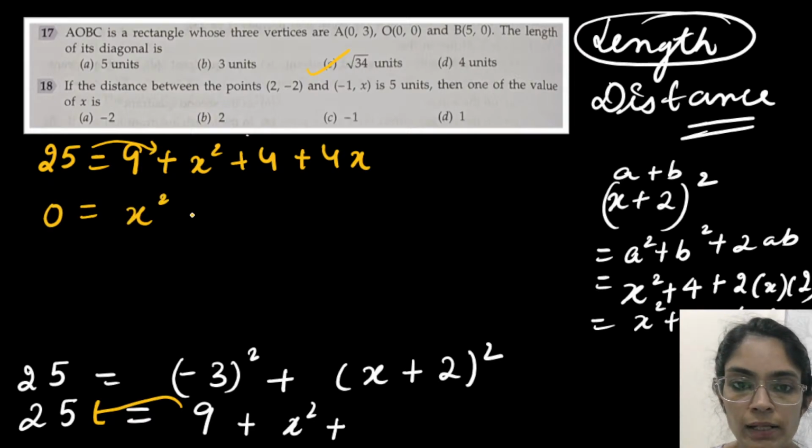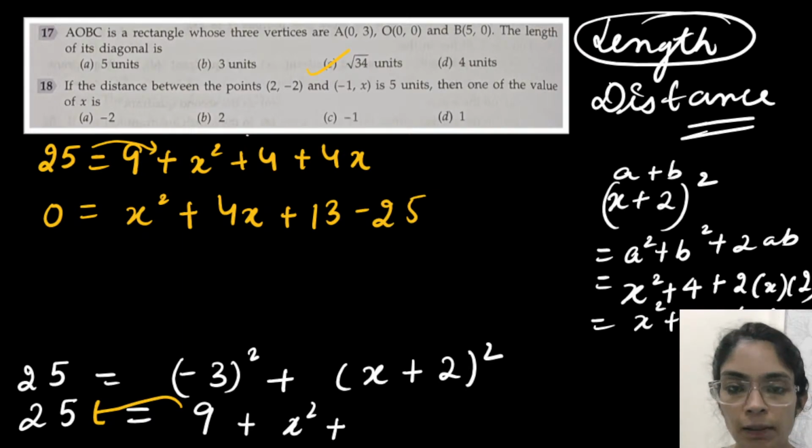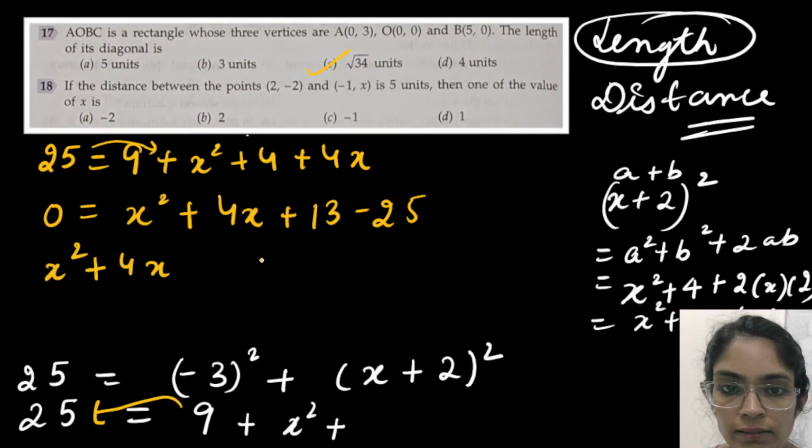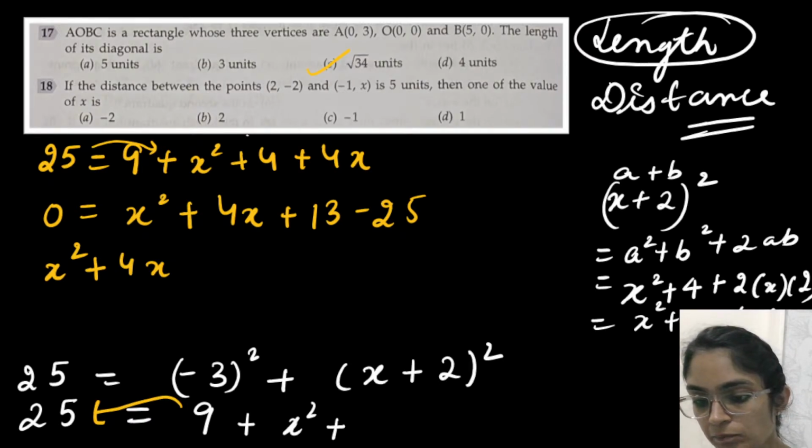So x square plus 4x, 9 plus 4 is 13, minus 25, because 25 when I shift to the other side becomes minus 25. So x square plus 4x plus 13 minus 25. What will we get?